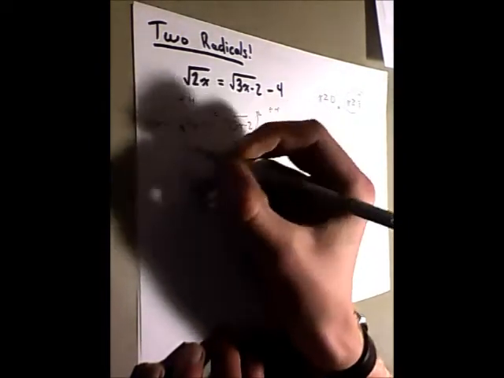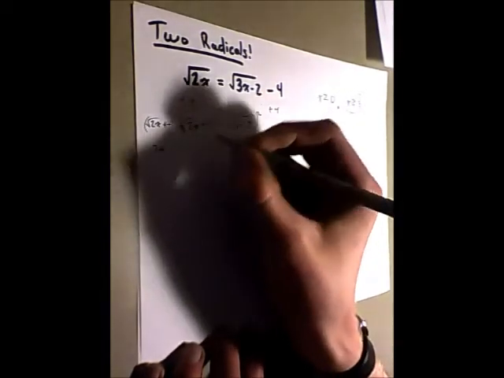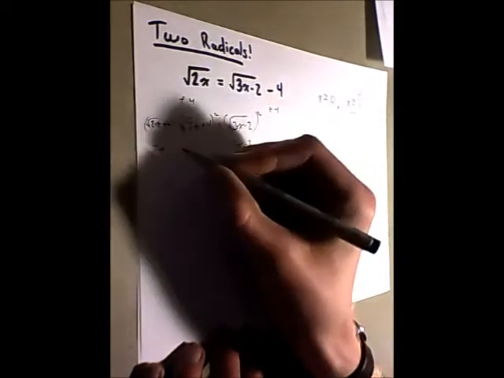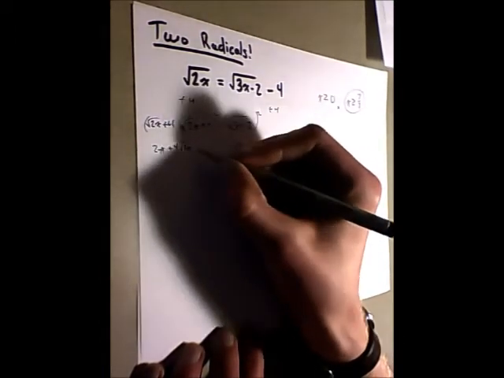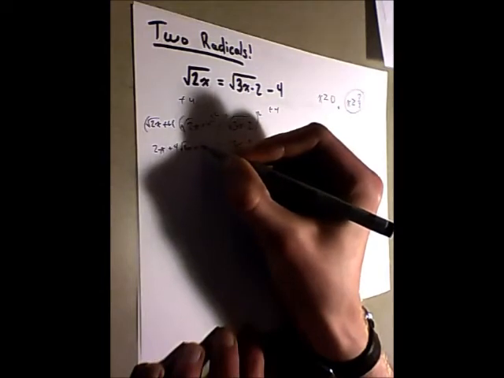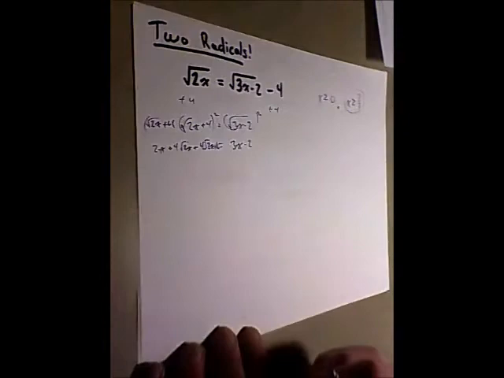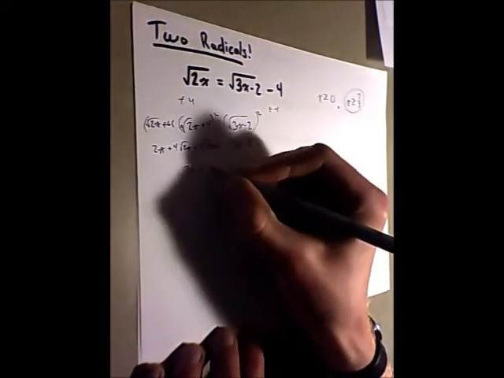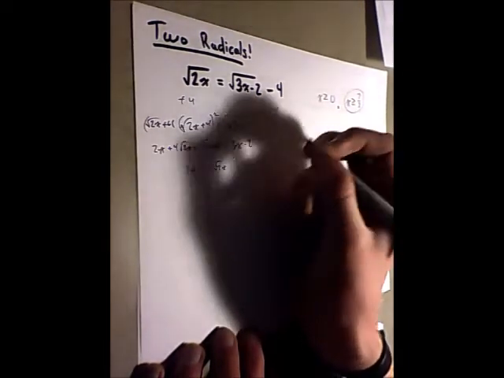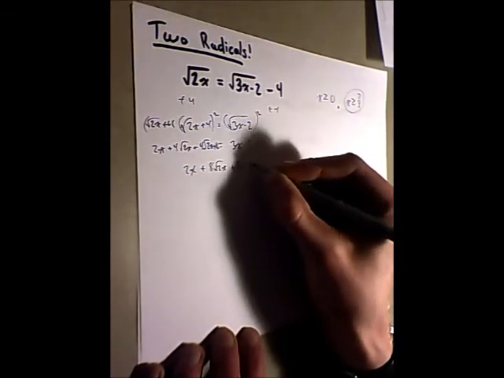2x times 2x is 4x, and 4 times root 2x is plus 4 root 2x, plus 4 root 2x, plus 16. Now we have it factored. Simplify it: 2x plus 8 root 2x plus 16 equals 3x minus 2.